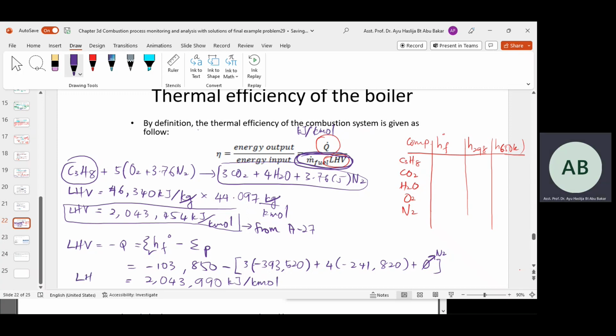This is the LHV from calculation. From the calculation and from the table, the results are slightly different, but not so big a difference. Both can be used for the LHV.